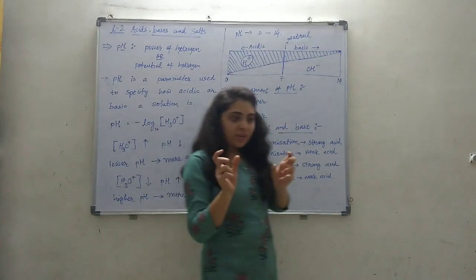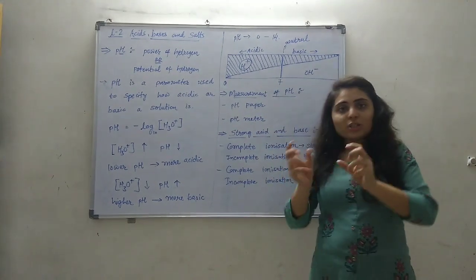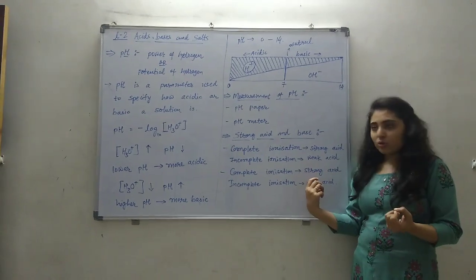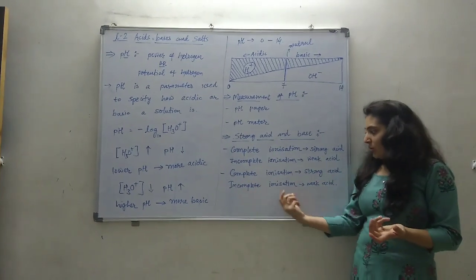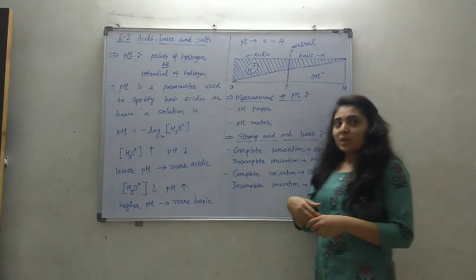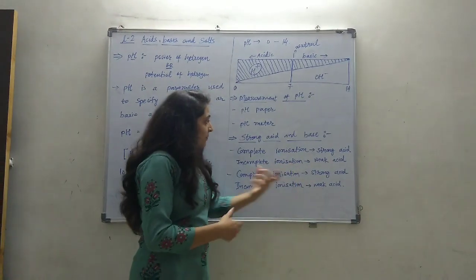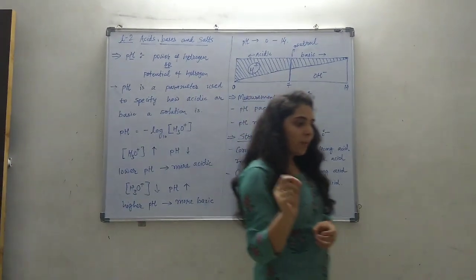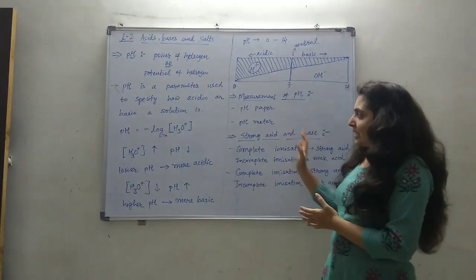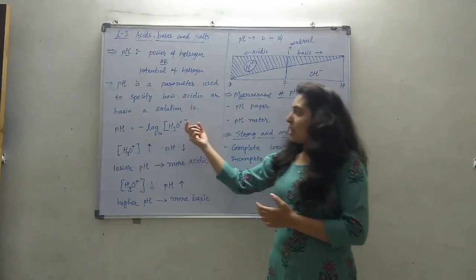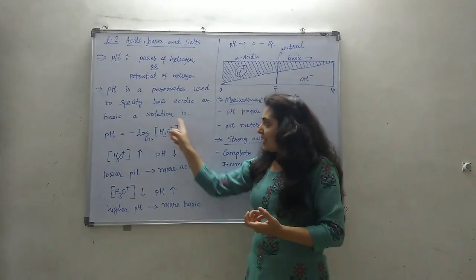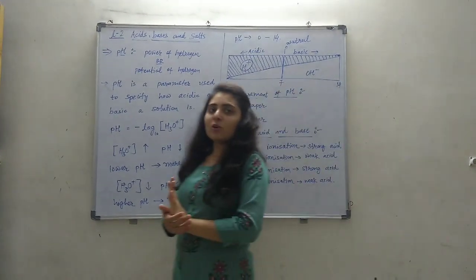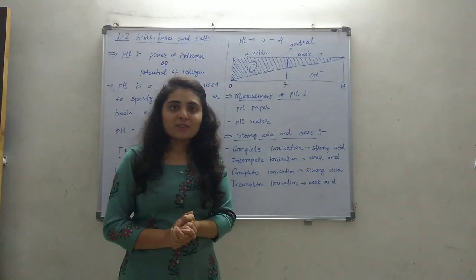If each and every base molecule is dissociated, it is complete ionization, and it will be a strong base, and if incomplete ionization, it is a weak base. So this is the idea of strong acid and base, depending only on the number of H plus. And you can see that the pH value, the strength, depends only on the concentration value. Okay, so this is the idea of strong acid and strong base.